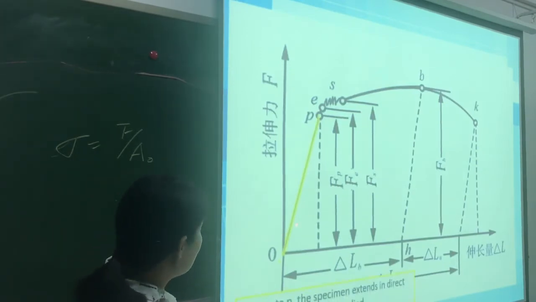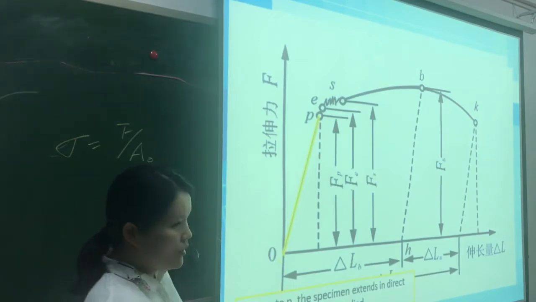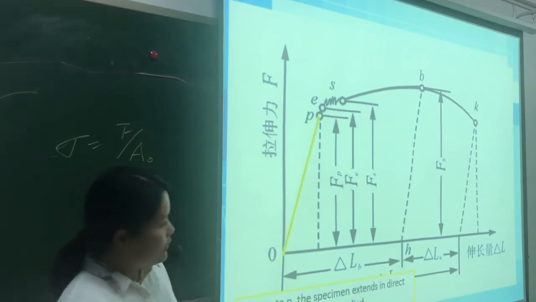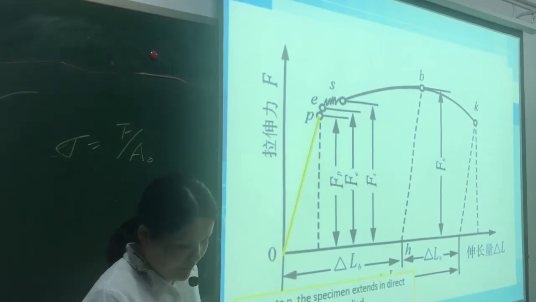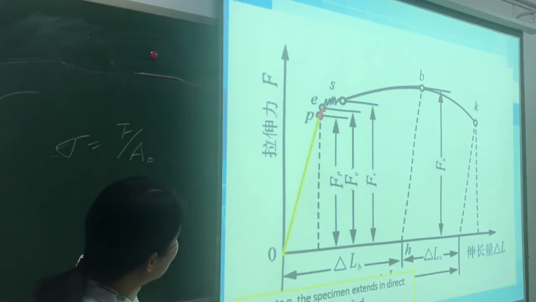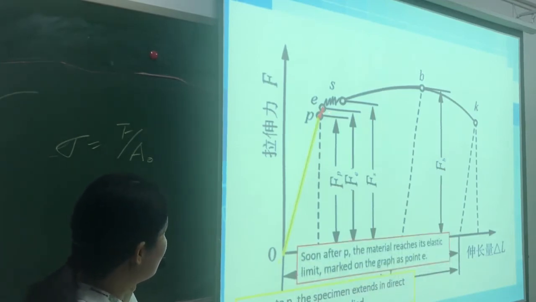From O to P, the extension is in direct proportion to the load applied, which satisfies Hooke's law. From P to E, the material reaches its elastic limit.